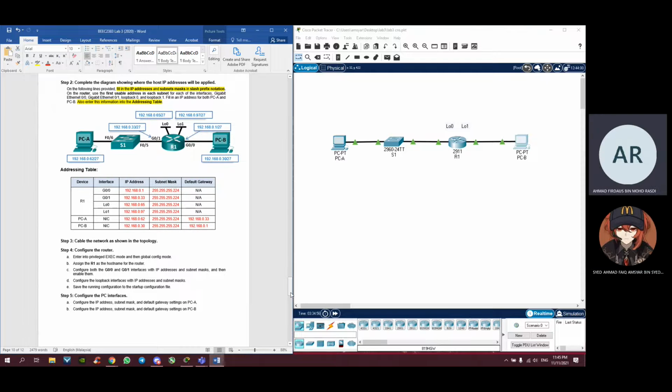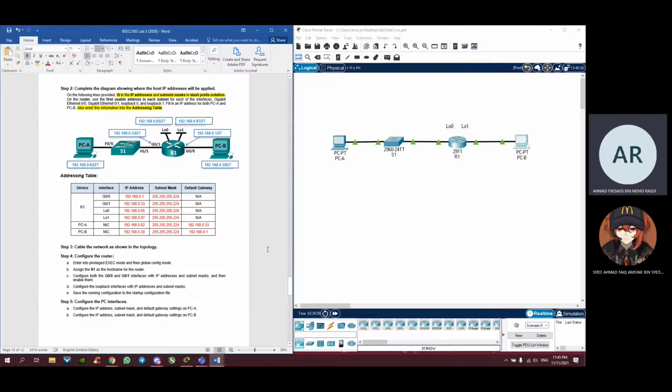Okay, next for step 2. This is the topology for part 4, which is the same as part 1, and the addressing table is also the same. The IP address, the subnet mask, and the default gateway are also the same. Next is step 3. Cable the network as shown in the topology. Okay, step 4, step 5, we just made the same steps from part 1.